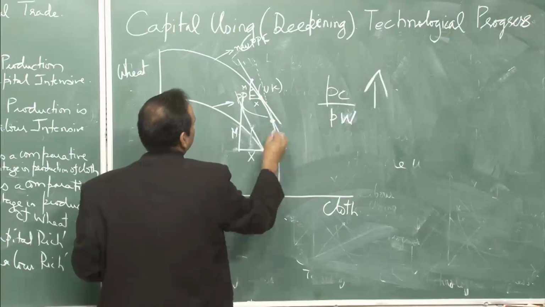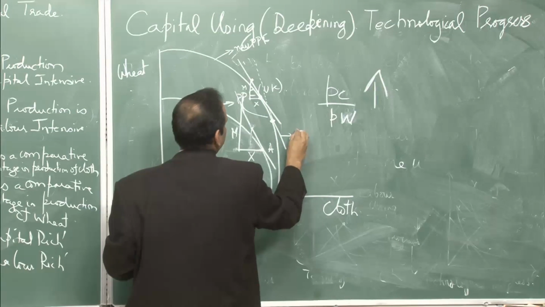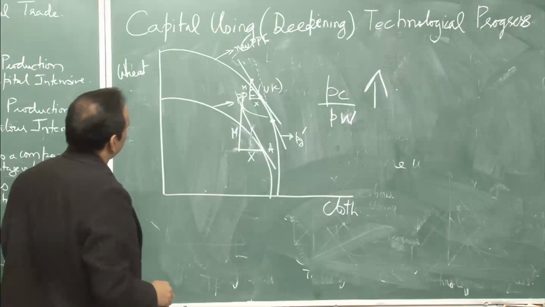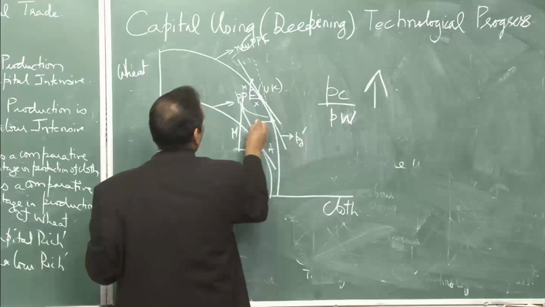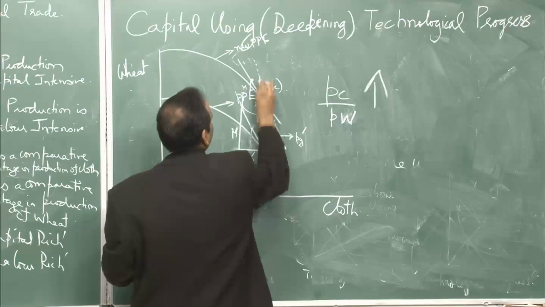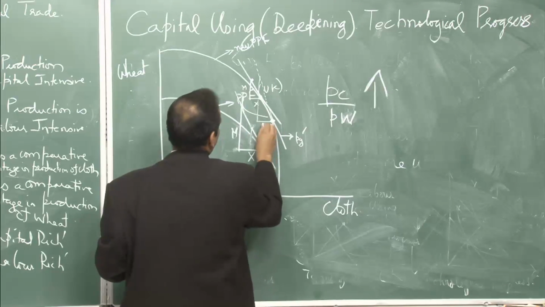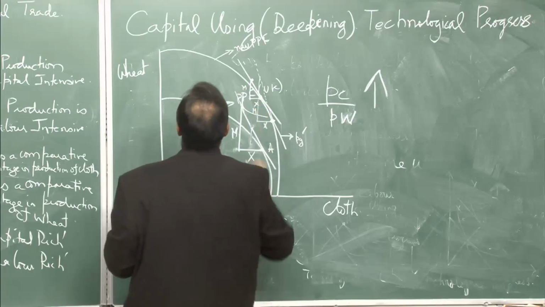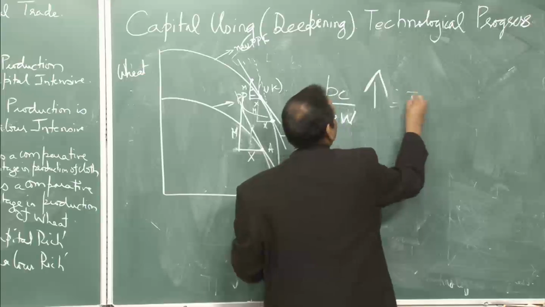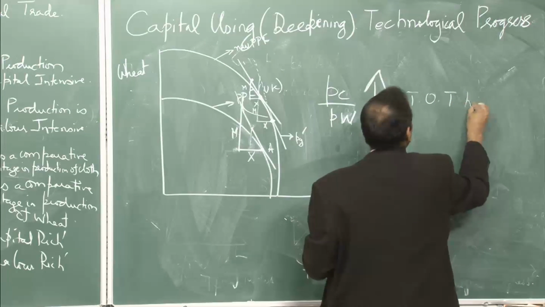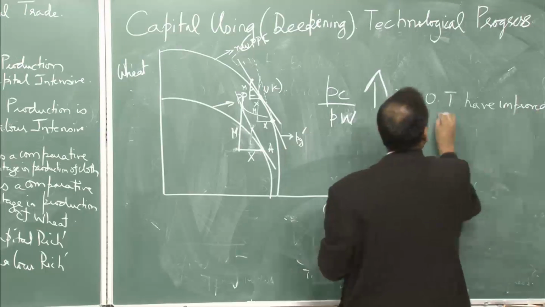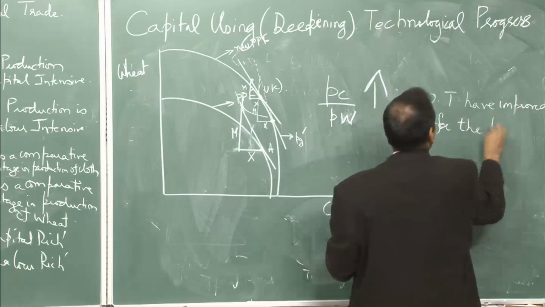So, with the capital using technological progress, you would see that the final production would be here. This is the new slope. Country would export less of cloth and less of wheat, because the relative prices, the terms of trade have improved for the United Kingdom.